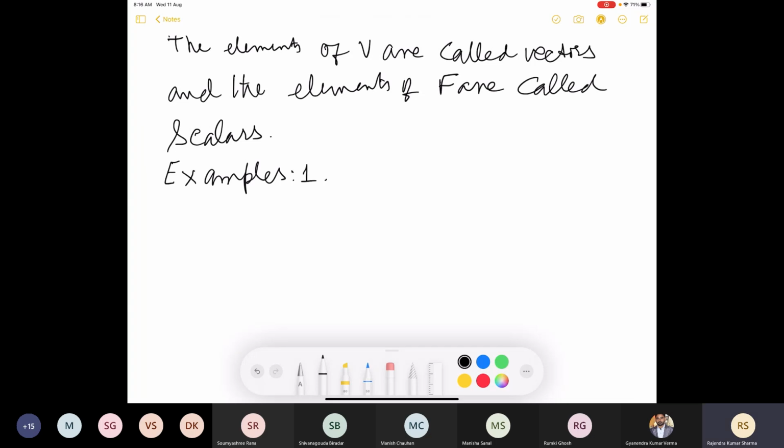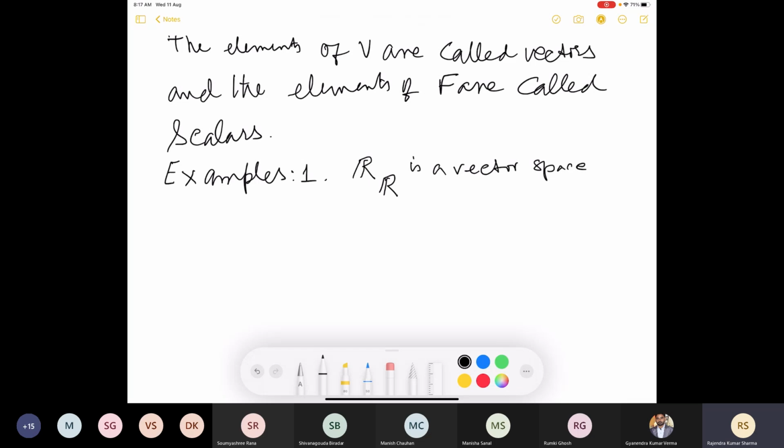So suppose we can see that R over R is a vector space. So V is R and F is R. R denotes the set of real numbers, and we can easily verify that this R forms a field.